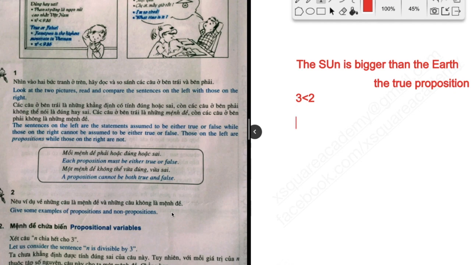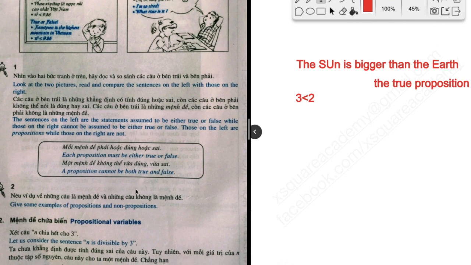For example, the weather is hot is a non-proposition, because it's just your feeling. Or this dish is so delicious. It's a non-proposition, because it depends on your feeling, your statement.